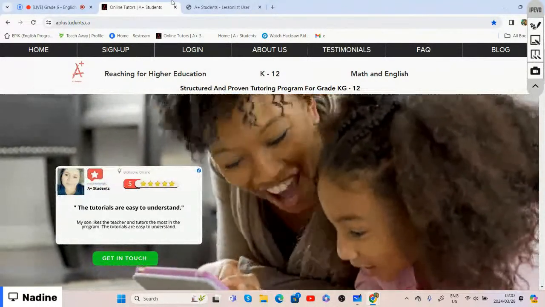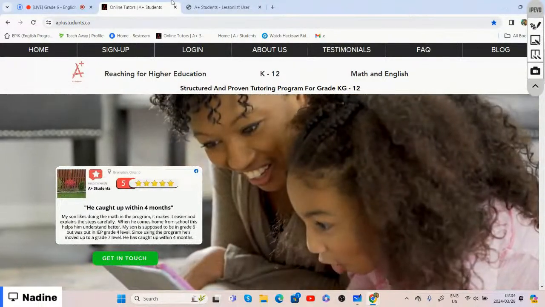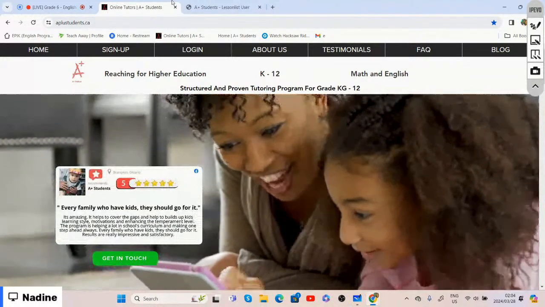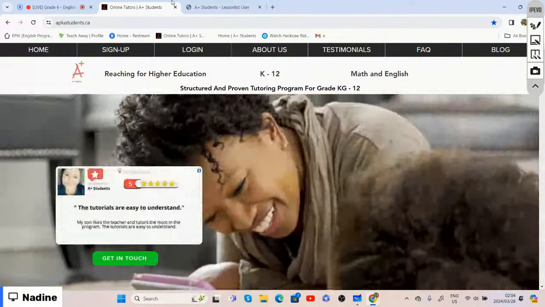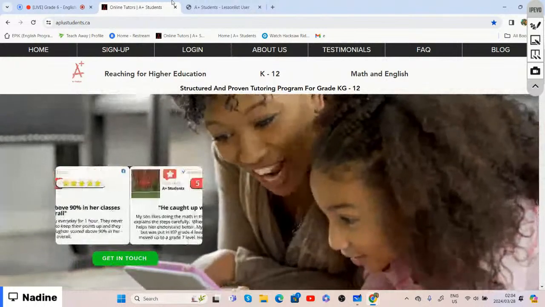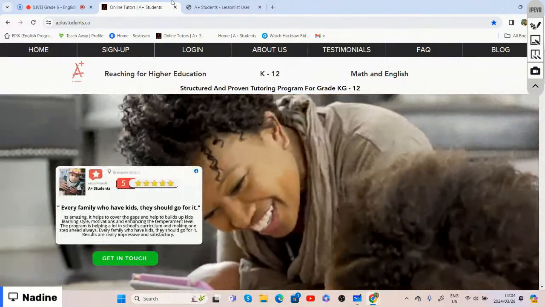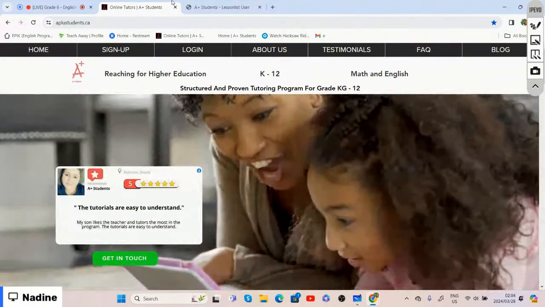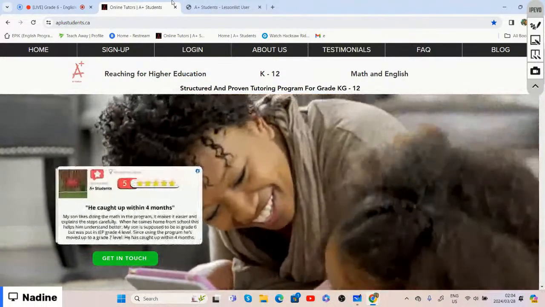Once you've logged on with your username and password, we're going to select the subject of language arts, grade 6, and then scroll down until we get to the chapter of idioms and adages.